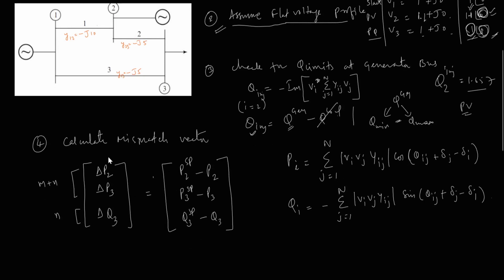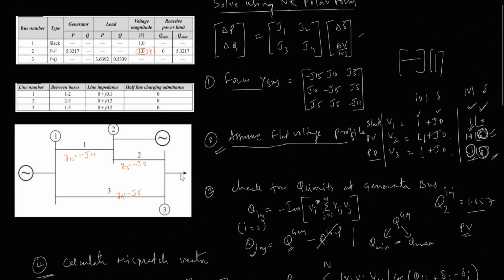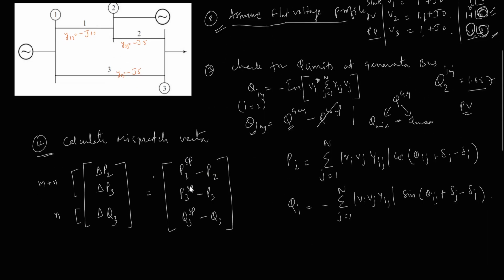Once it is acting like a PV bus, now we will form the mismatch vector. Where are we going to find the del P's? Del P's will be found at all PV buses and PQ buses, that is the second bus and third bus, and del Q only at the load bus, that is the third bus.